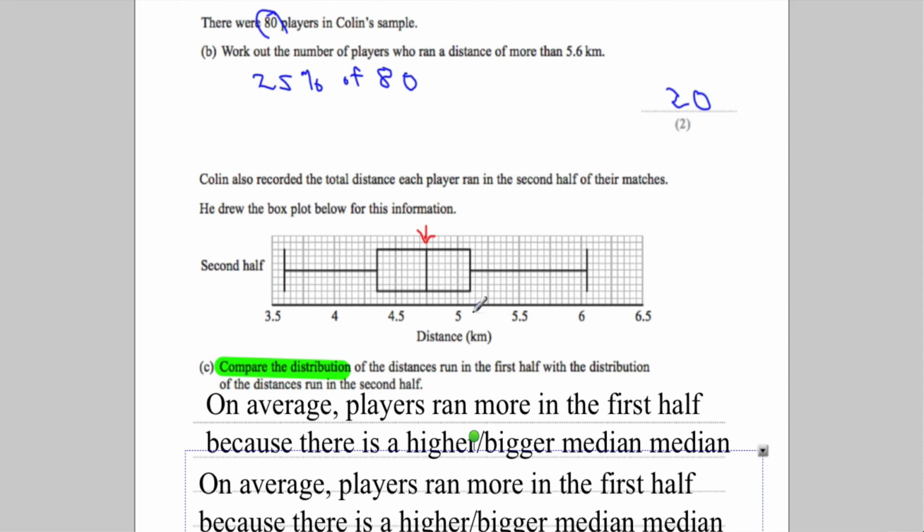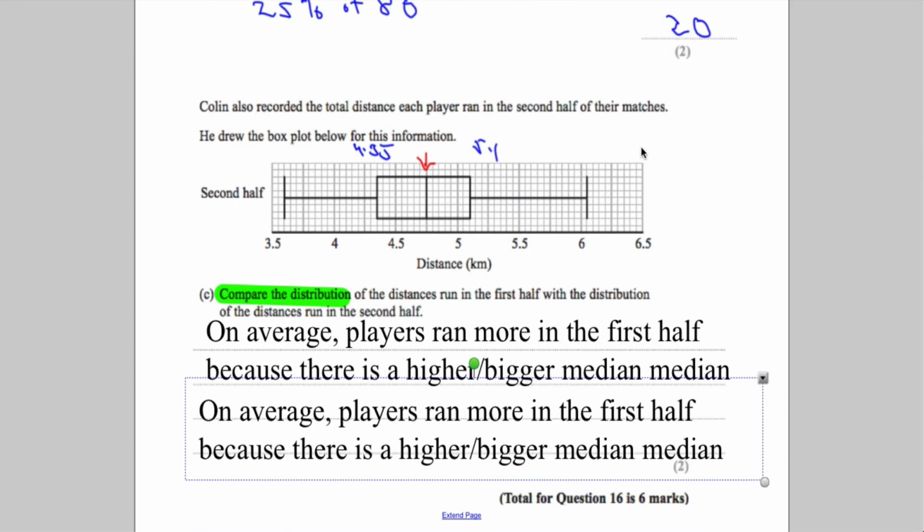The upper quartile is going to be 5.1. The lower quartile, 0.45, 0.4, 0.35. That's 4.35. The difference here is going to be 0.75, which is the exact same.